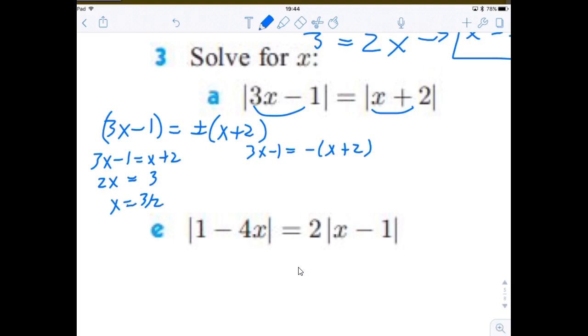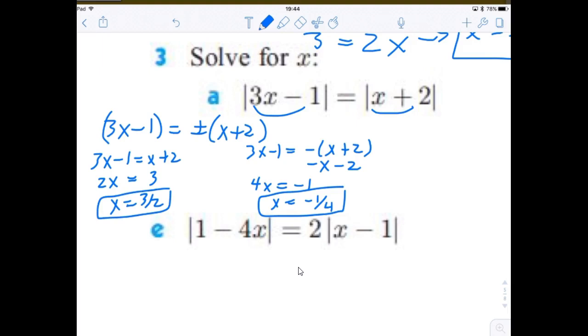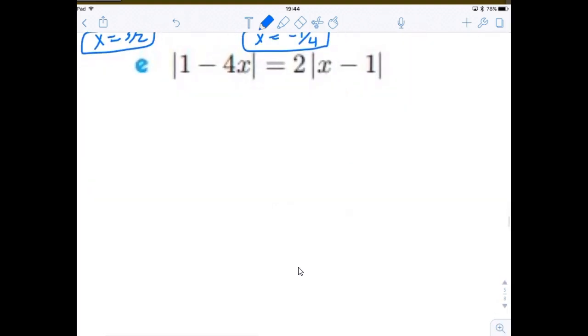On the right one, first we'll distribute the negative sign. Then we'll move the x to the left, so we'll have 4x. And then we'll move the negative 1 to the right, so we'll have negative 1. So our answer would be x equals negative 1/4. So the two possible solutions are x equals 3/2 and x equals negative 1/4.